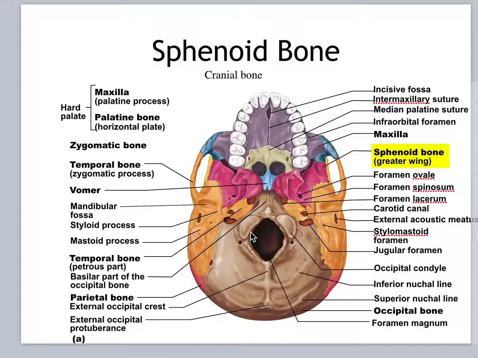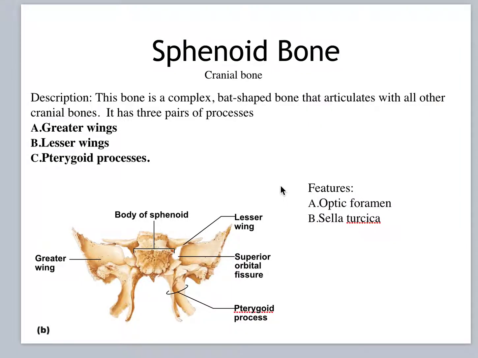The sphenoid bone is somewhat hard to see unless the slide is in color. It's represented by this pink bone here. If you take the sphenoid bone away from the rest of the skull, it looks kind of like a bat.